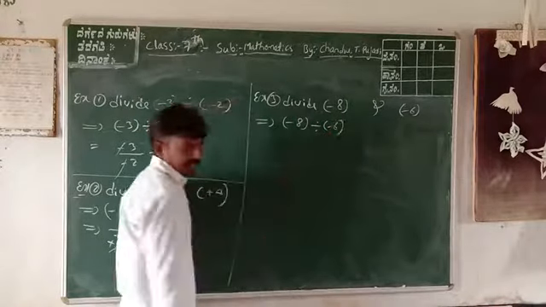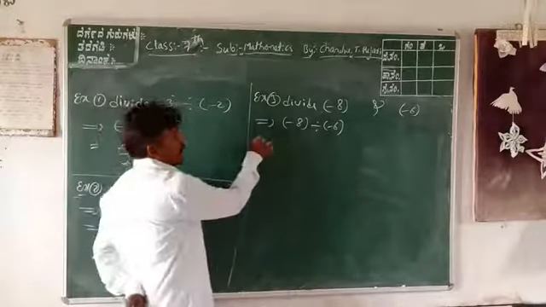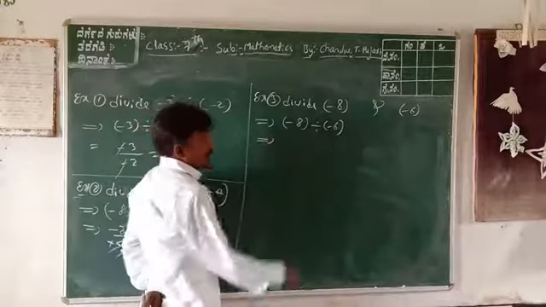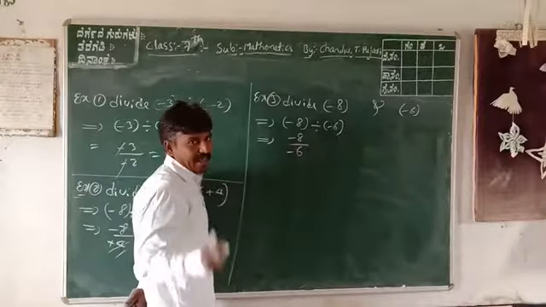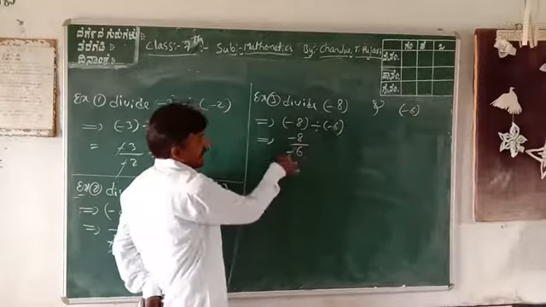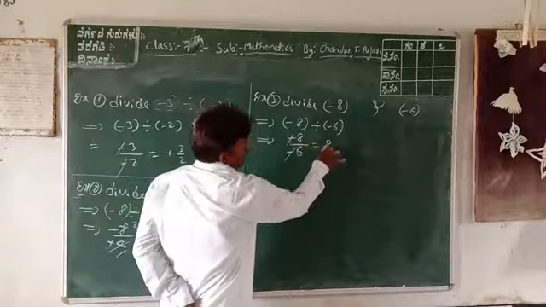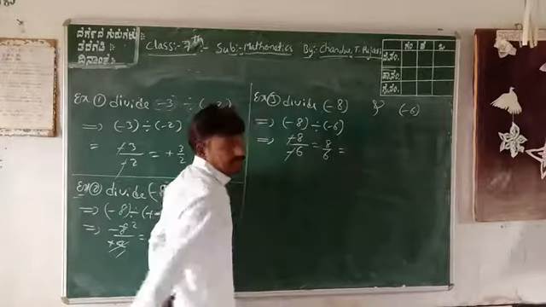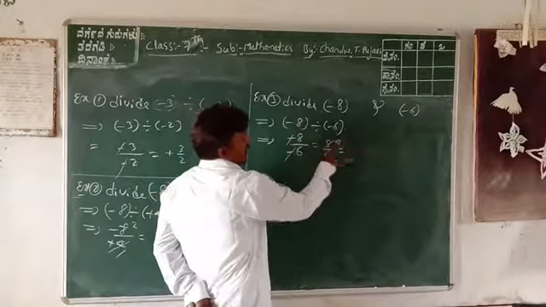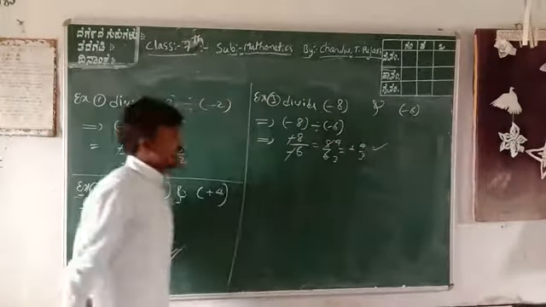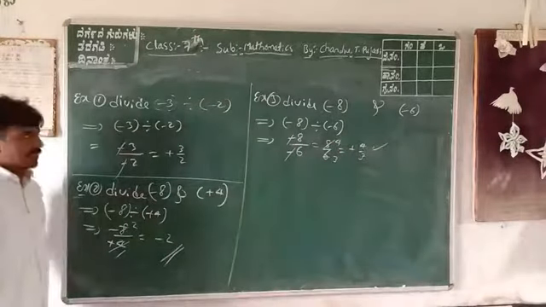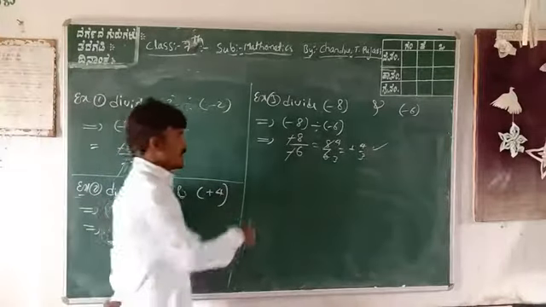Writing in p by q form, minus 8 divided by minus 6. First, the minus signs cancel, so it is 8 by 6. Next, cancelling by 2, 2 fours are 8, 2 threes are 6, the answer is plus 4 by 3. This is the third example.